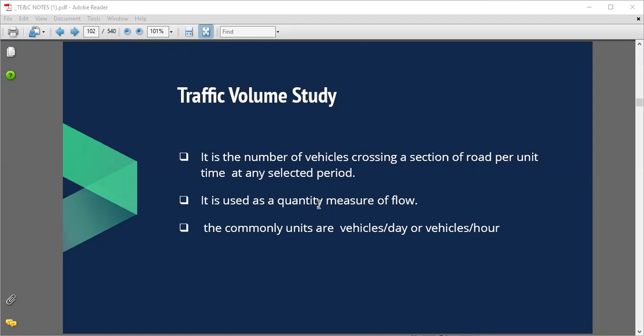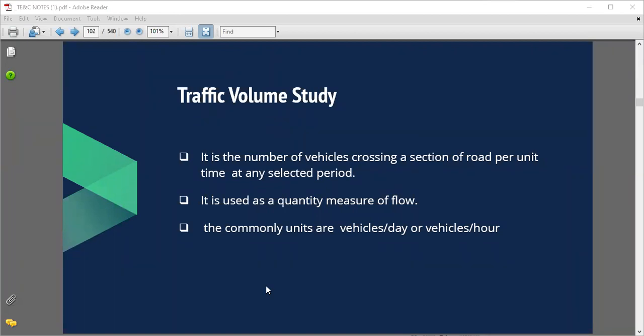Okay, so that is the unit. So what is the traffic volume? Traffic volume is nothing but the number of vehicles in a particular area entering and exiting that area. That number indicates the traffic volume.